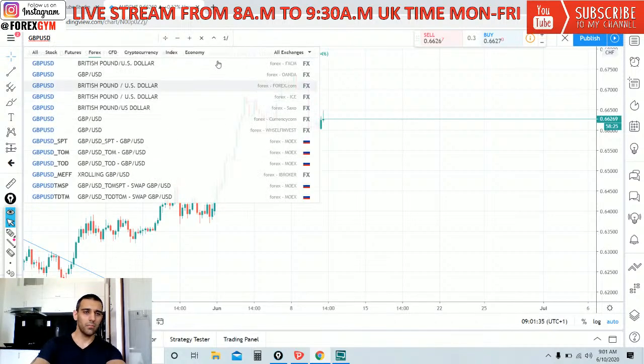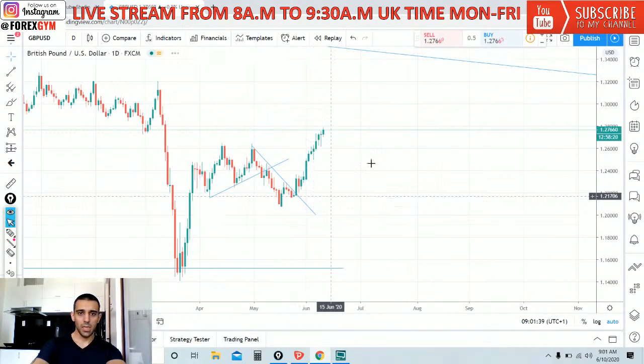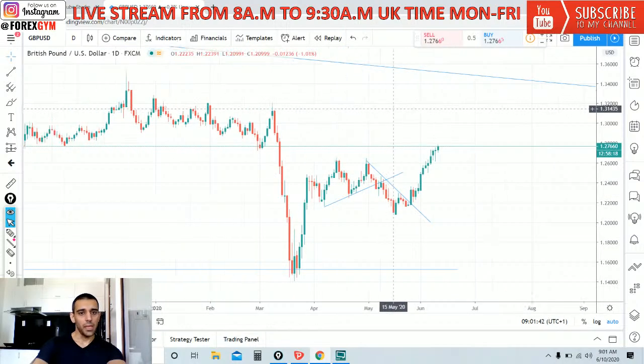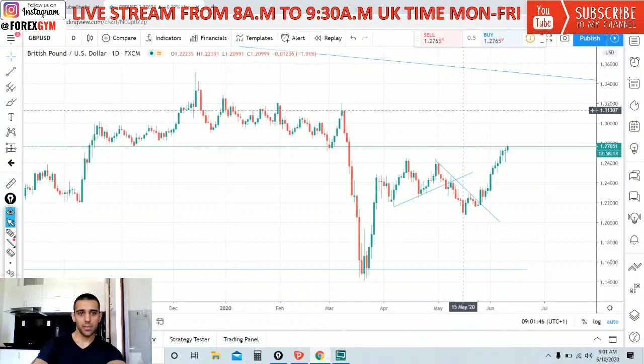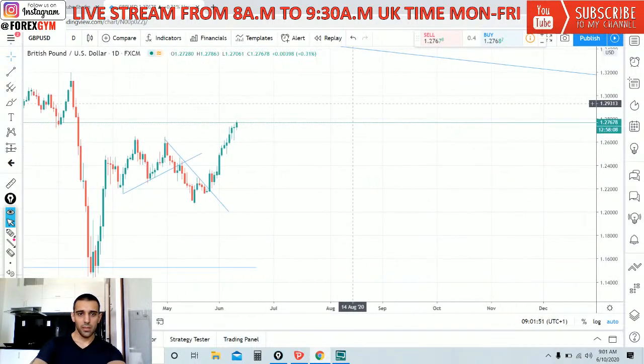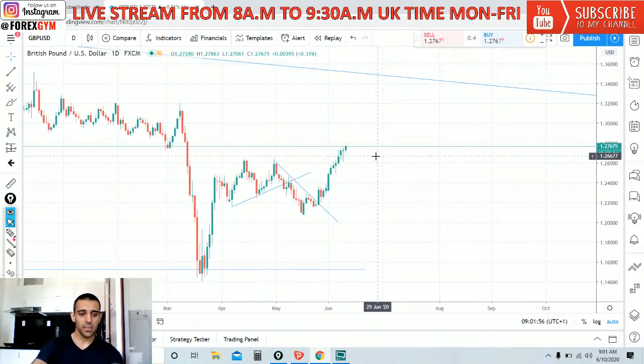Let's see what we have. Let's go to daily. GBP USD is testing its resistance level again. It looks like it's going to weaken in a way, it looks like it's starting to maybe turn, but we can't base it just on that.